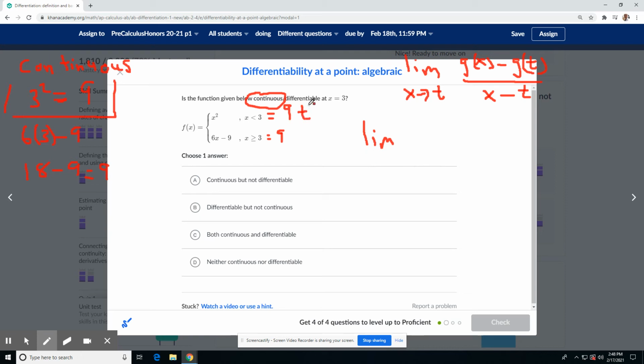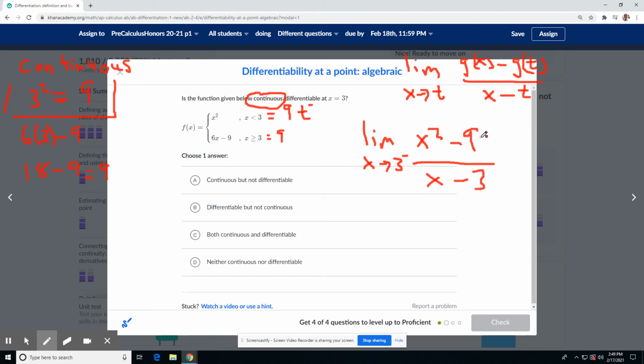So x is going towards 3 from the left side of our function. Our function is x squared minus, so I'm plugging it in here. The g sub x function is exactly this on top. Minus, when I plug it in, I got 9. You can recalculate it, but we've done the work for continuous already. Over x minus 3, since our t is 3.